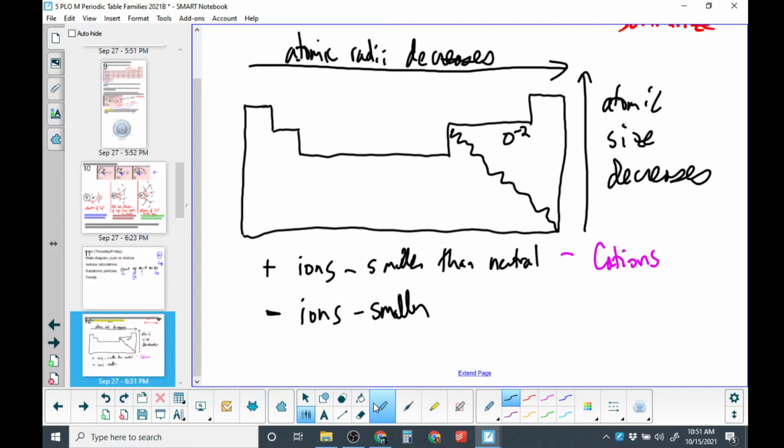At the same time, the whole shell has more negative charge, but it doesn't really matter. Also, the electrons repel each other. They push each other away. I think it's bigger.